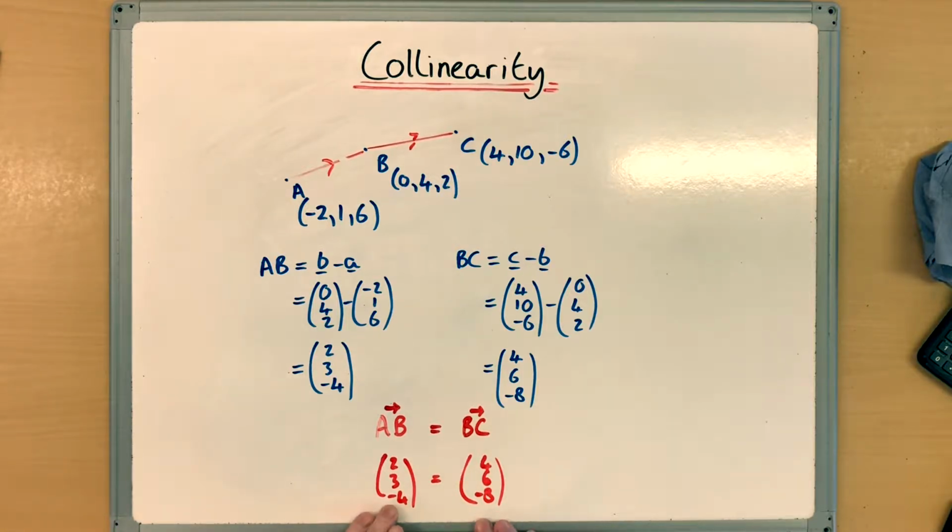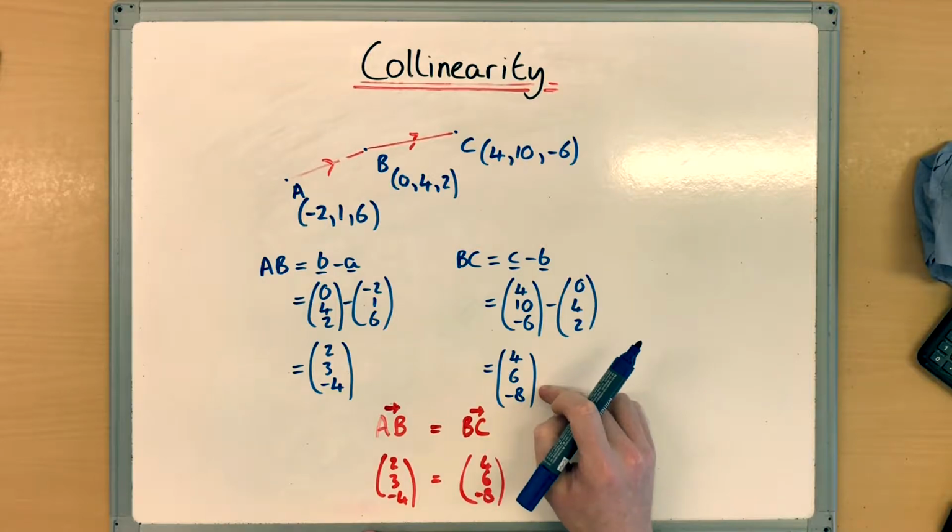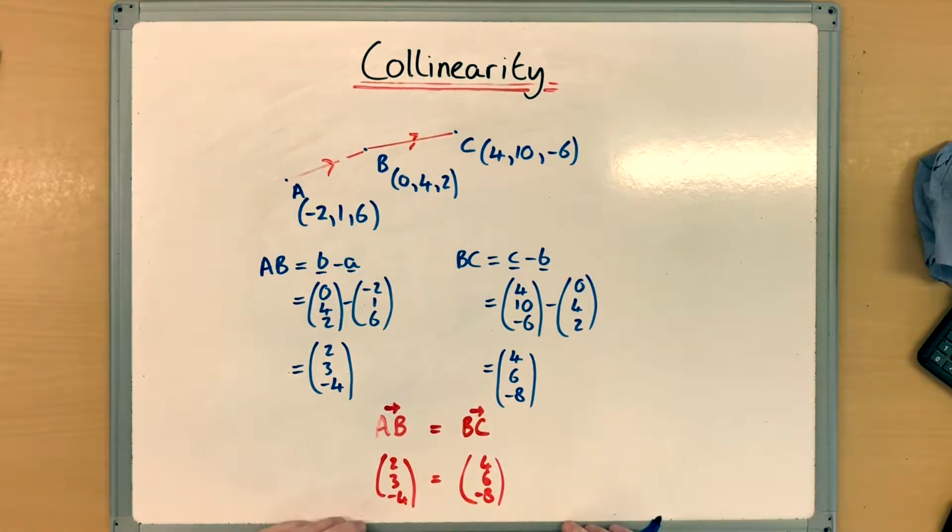Now I suggest you do write it down, because the temptation is to put 2 in front of here because, well, that's twice as big. But if you look at it this way, if I put a 2 in here, what I'm saying is that a vector 2, 3, minus 4 is the same as 2 of these. That's not true. I would need to have 2 of these to make that. Okay, in other words, 2 times AB is equal to BC.